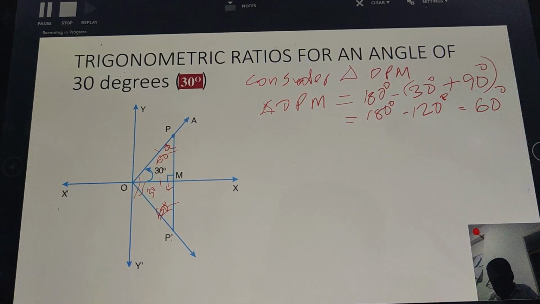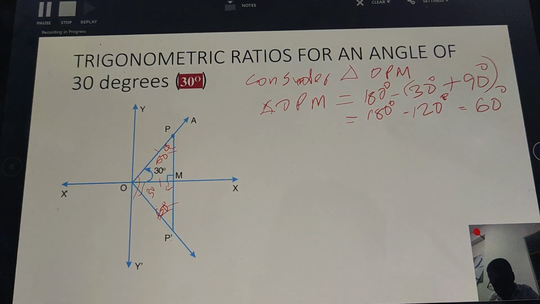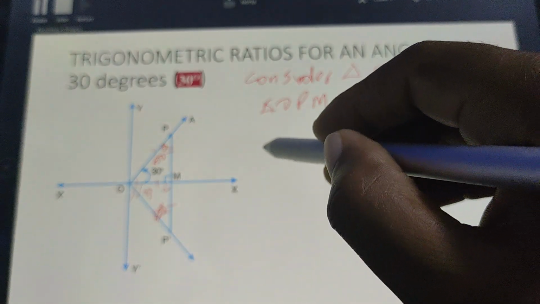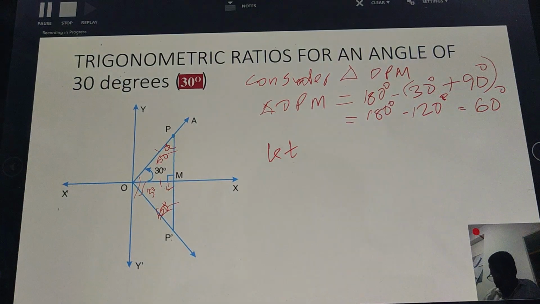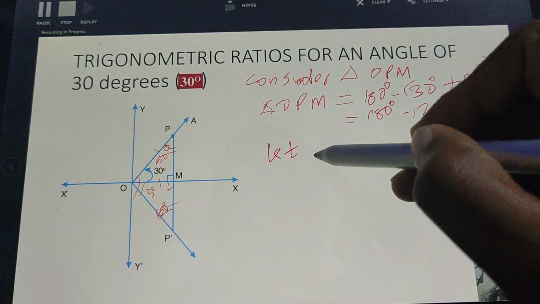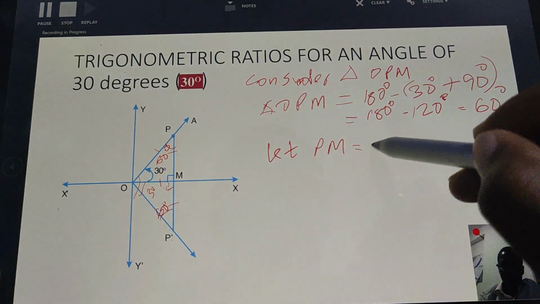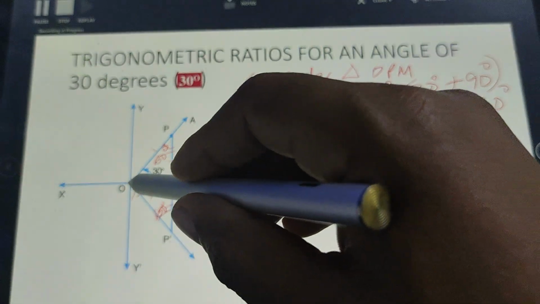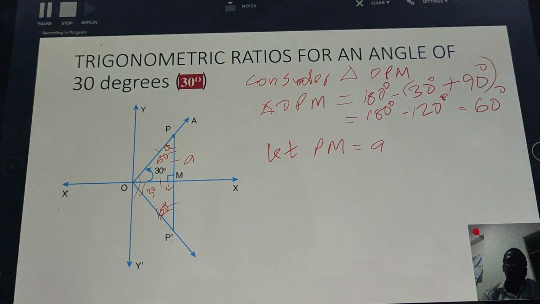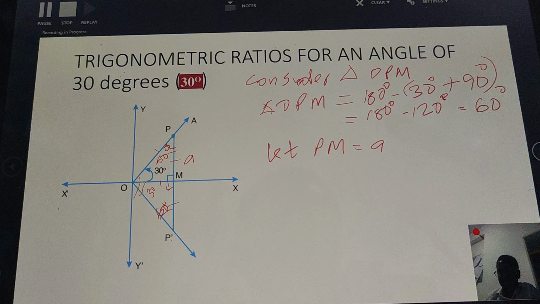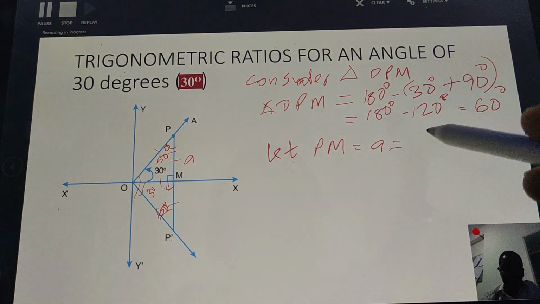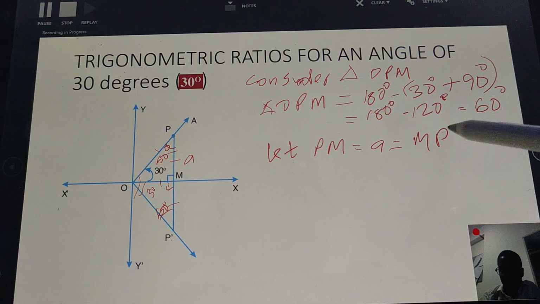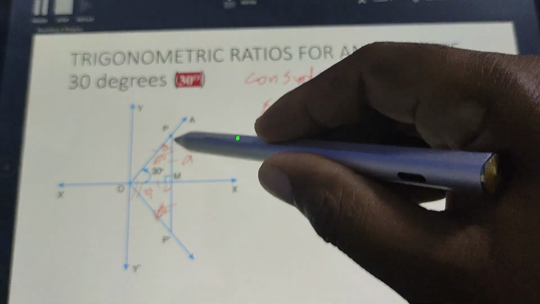So, let's do something else to see how we're going to do it. Let PM be equal to A. This side should be equal to A, which means we need to find OM and OP using A, following what we have done here. But remember, PM is the same as MP', from our construction.